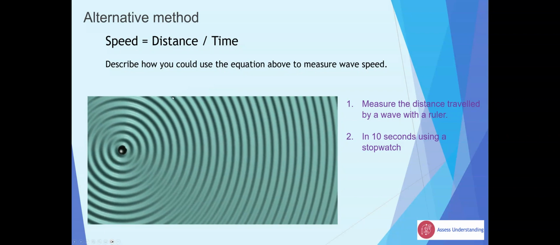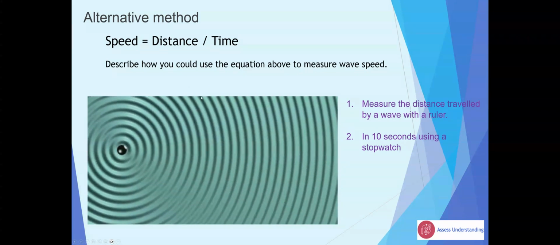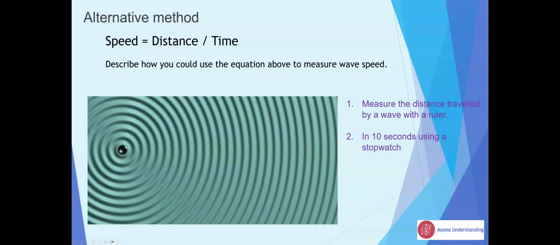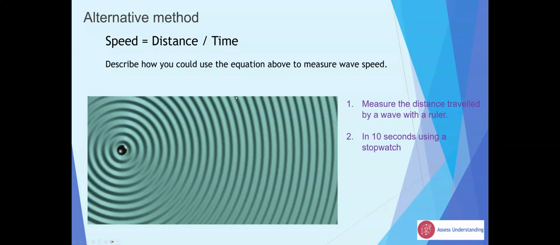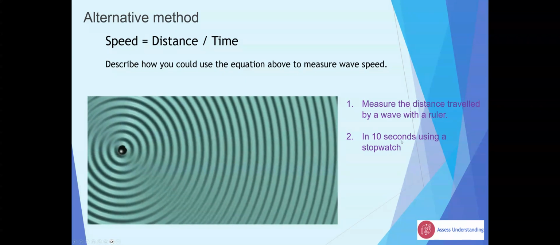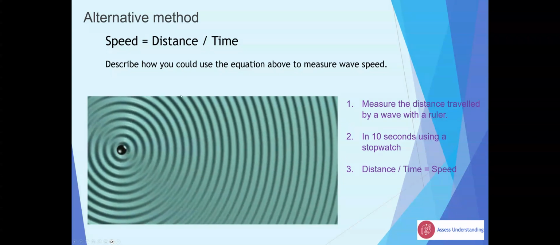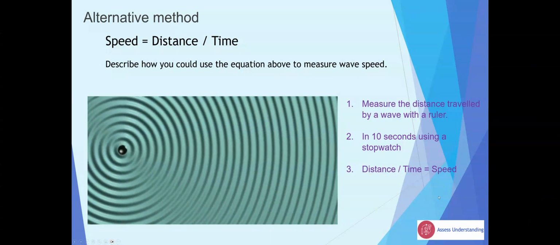So we start the stopwatch there, and we watch it for 10 seconds, and then we stop it there. Let's say it got there in 10 seconds. So it went from there to there in 10 seconds. So that's our distance measured. And then because speed is distance divided by time, we do distance, which is what we measured, divided by the time, which is 10, gives us speed.